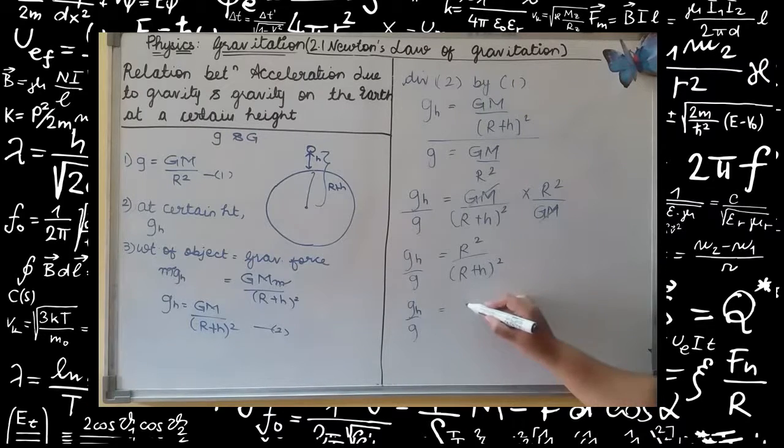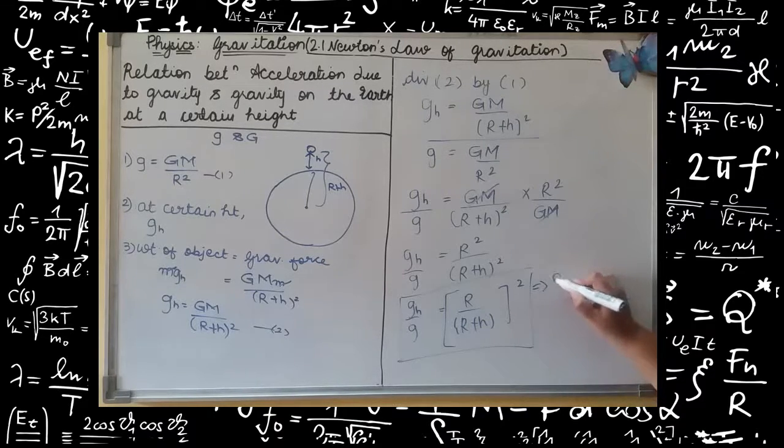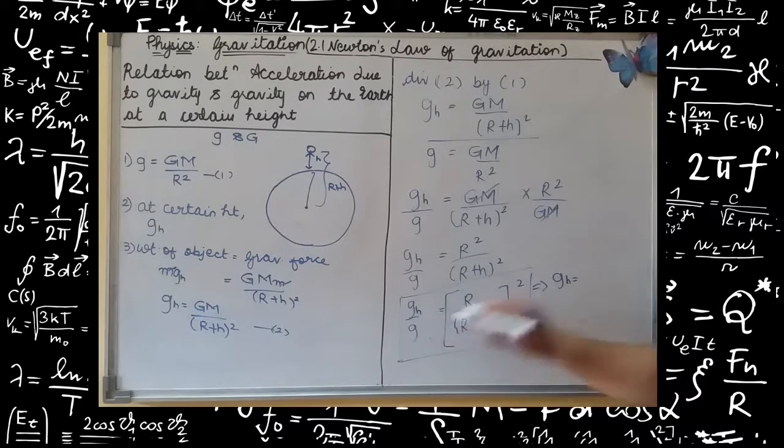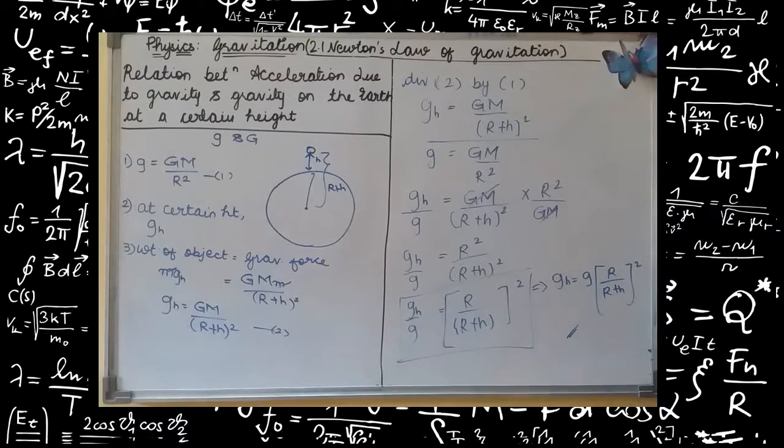We will take common square power for these. So g_h is equal to g times (R upon R plus h) the whole square. So this is the gravity on the earth at a certain height.